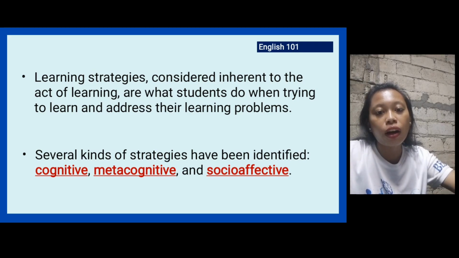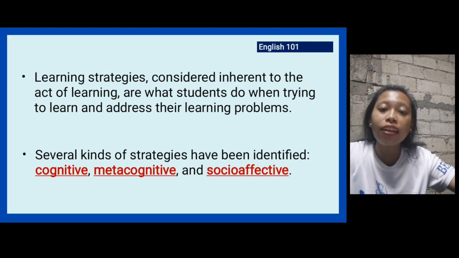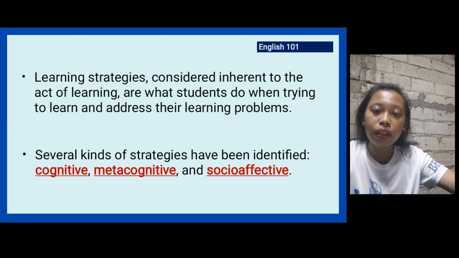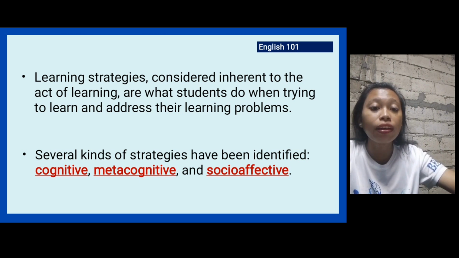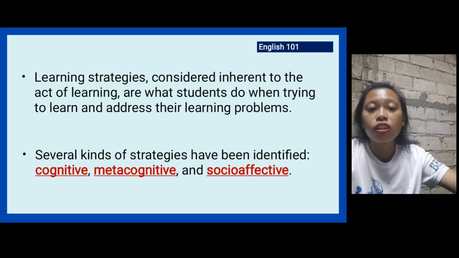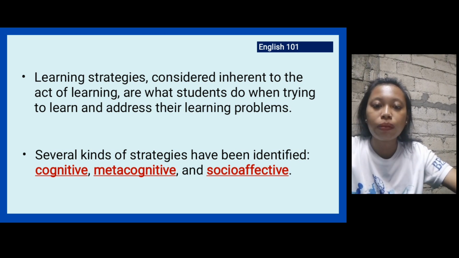Cognitive strategies are what students use to understand and remember information, like repeating words, summarizing, or practicing, while the metacognitive strategies involve thinking about how you learn, planning, monitoring your progress, and checking if you understand. And the socio-affective strategies are about learning through social interaction, like asking for help, working with classmates, or staying motivated.